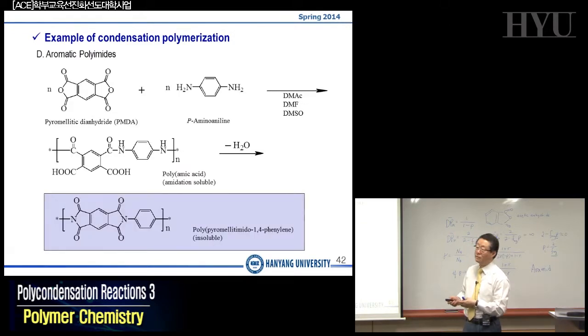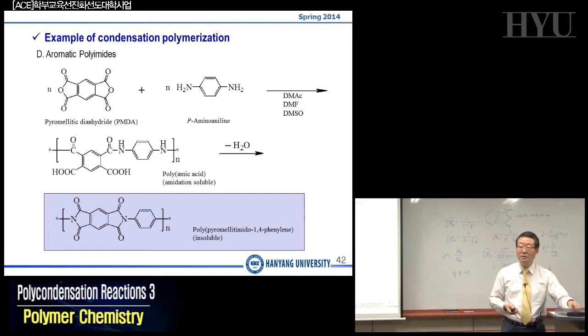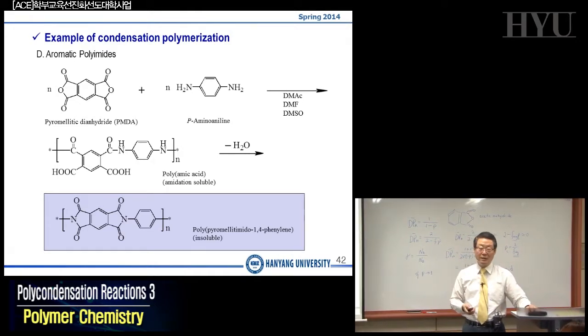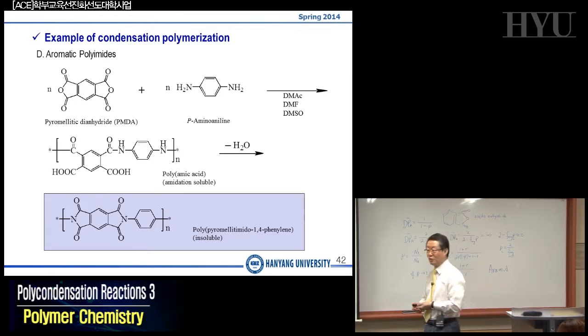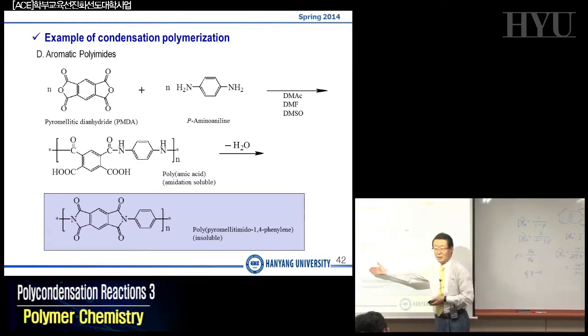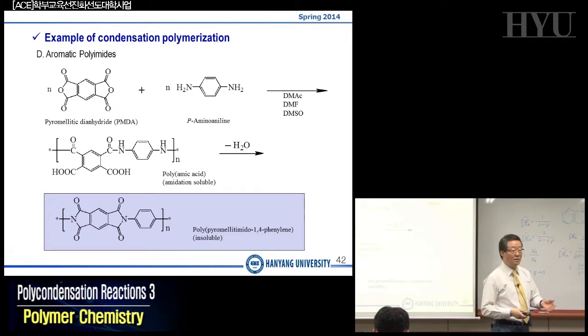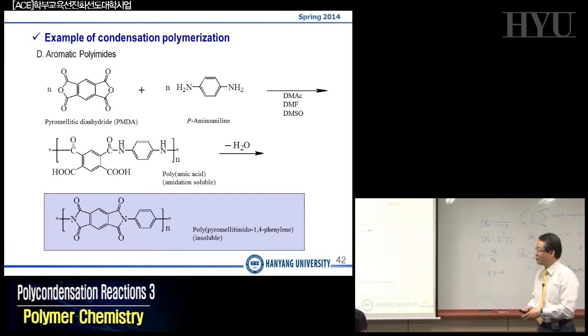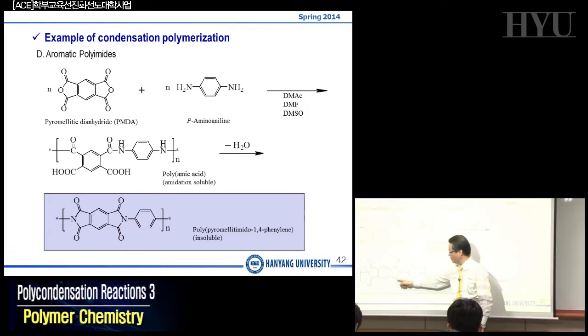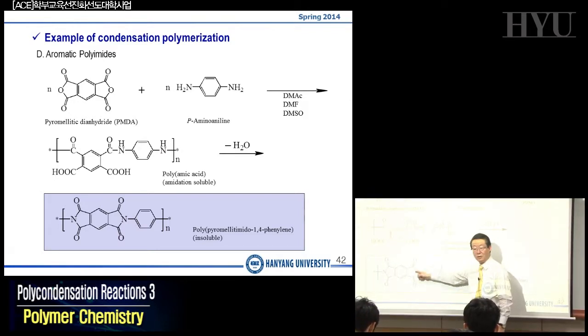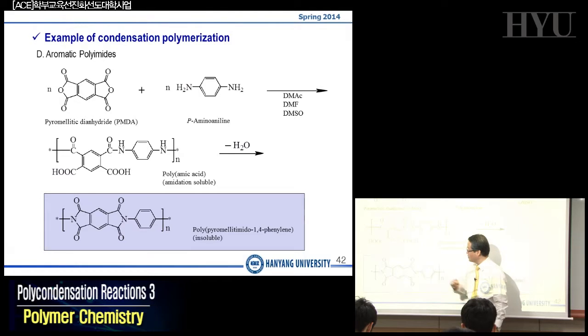We have the fourth example, which is the polyimide structure. I think you all know the polyimide structure because it was tested in the first exam. The imide structure has a 5-membered ring with the 2 carbonyls with an amine group here.